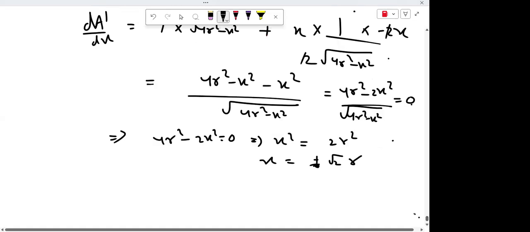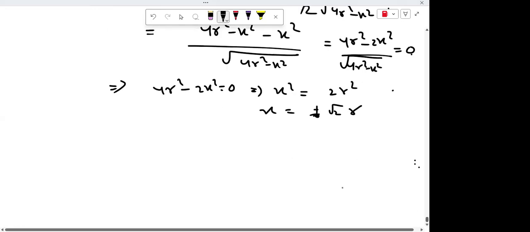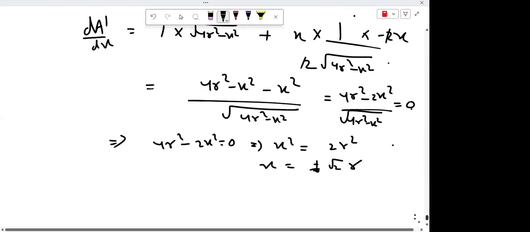Okay, we have to differentiate again to verify whether it is maxima or minima. Okay, double differentiate and put root 2r, you will see that it is negative, so it is maxima.